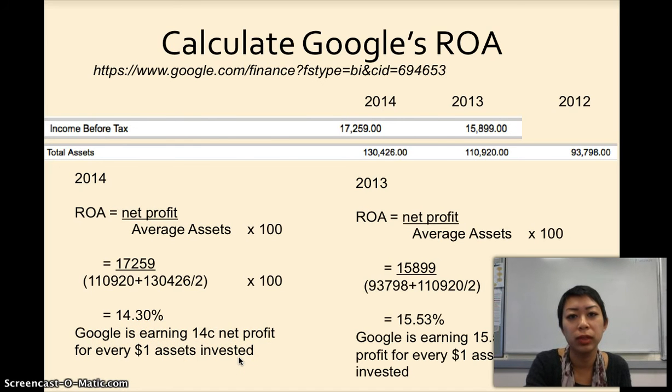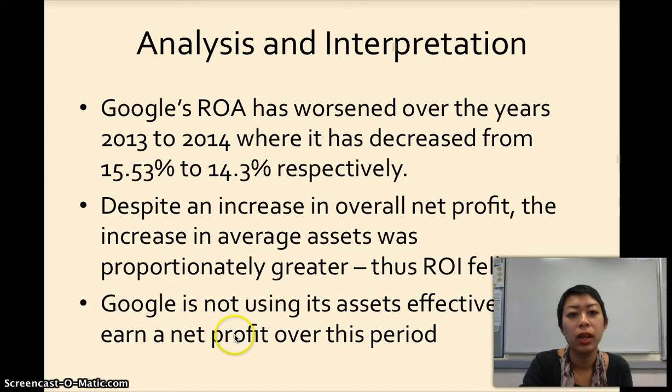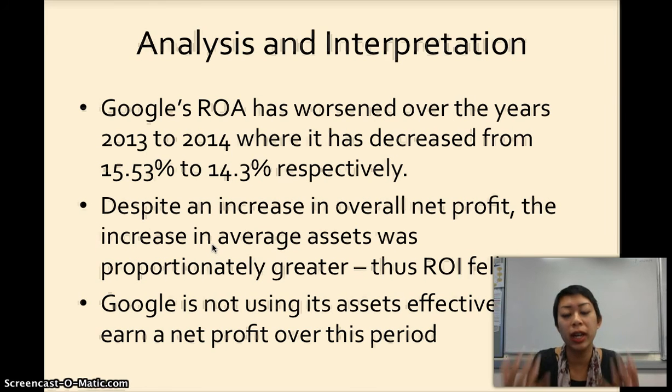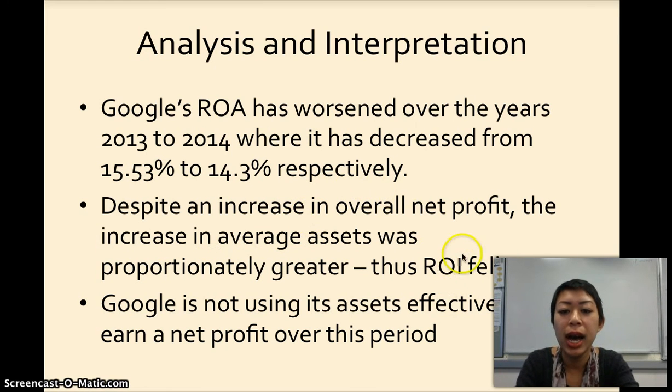And what does this mean? It means that Google's ROA has also worsened over the years from 2013 to 2014, where it decreased from 15.5% to 14.3% respectively. Again, despite an increase in overall net profit, the increase in average assets was proportionally greater. So ROA, this is a typo on the slide, it's meant to be ROA, has also fallen.